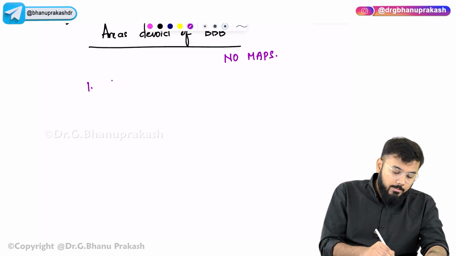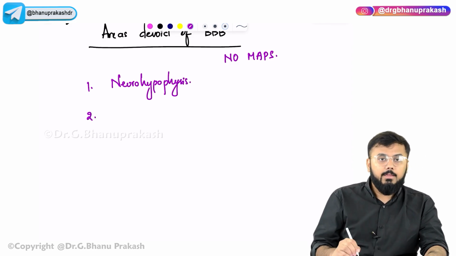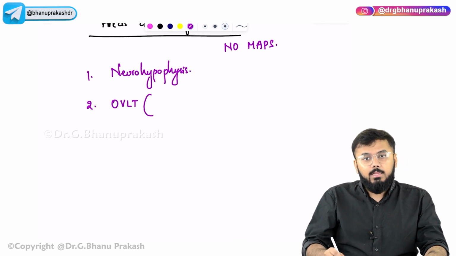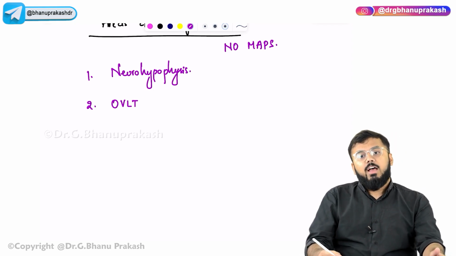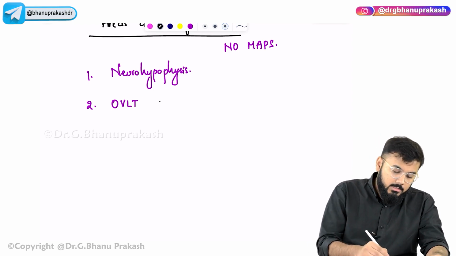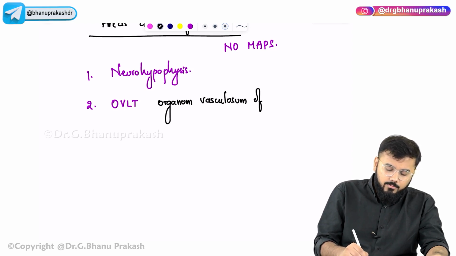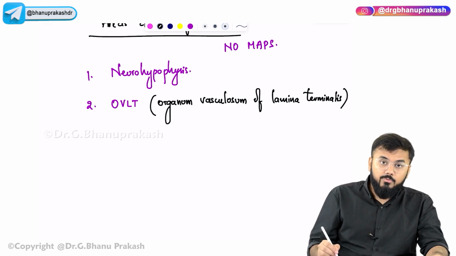N stands for neurohypophysis, which does not have any blood-brain barrier. O stands for OVLT, the organum vasculosum of the lamina terminalis.